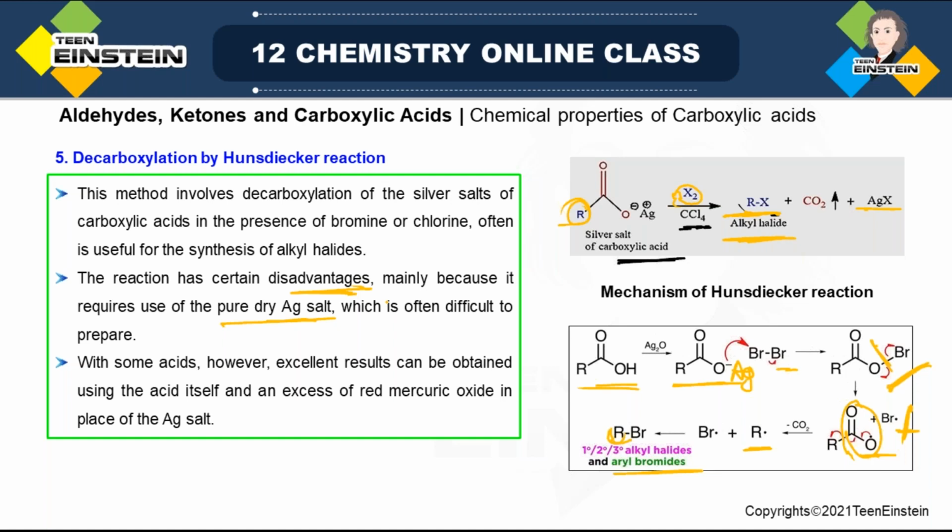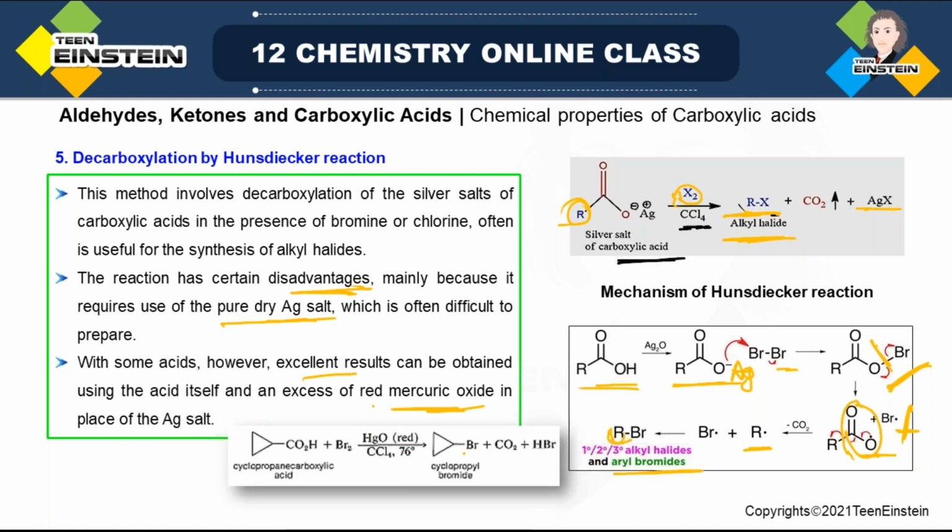So as an alternative, excellent results are obtained if you are using excess of red colored mercuric oxide rather than silver salt. So now you are not taking any silver salt of carboxylic acid, rather you are using HgO, which is red mercuric oxide. Temperature 76, you have taken this carboxylic acid.